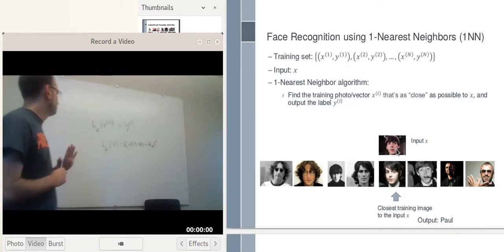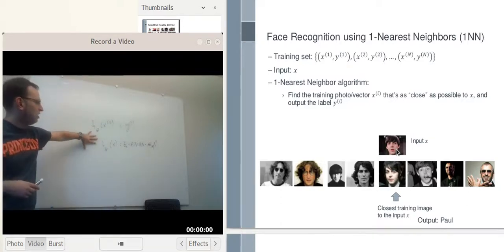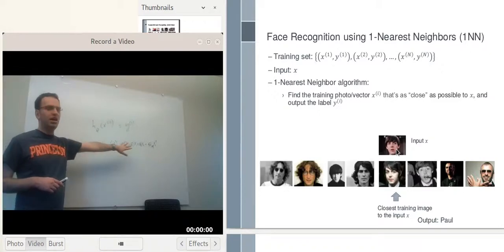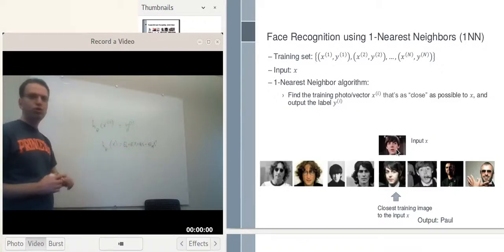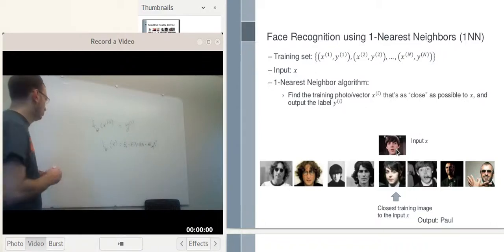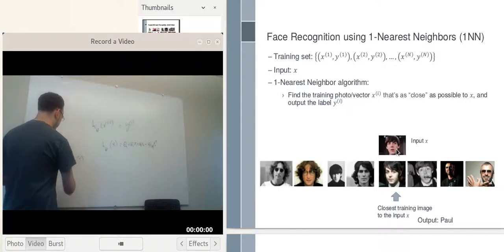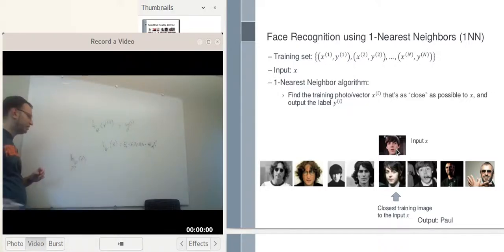So one question to ask is, how does it fit into this framework, right? We said that we're plugging in this new image into h theta, so how does that work? You can actually fit it into the framework. In this case, you're still computing h theta of x, and theta is just the entire training set, right?